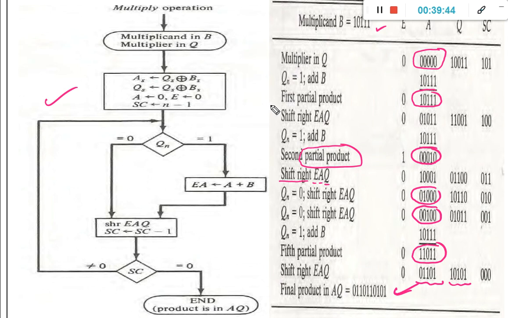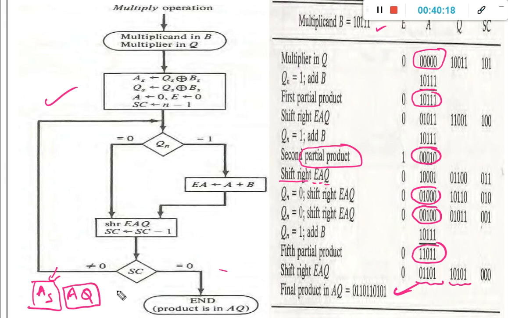These will be stored separately, and accordingly the final product's sign bit will be stored in AS. So ultimately the final result will be AS, which is the sign bit of the final product, and AQ. So this is the sign bit and this is the final product. This will be the final result which will be available after performing the multiplication.